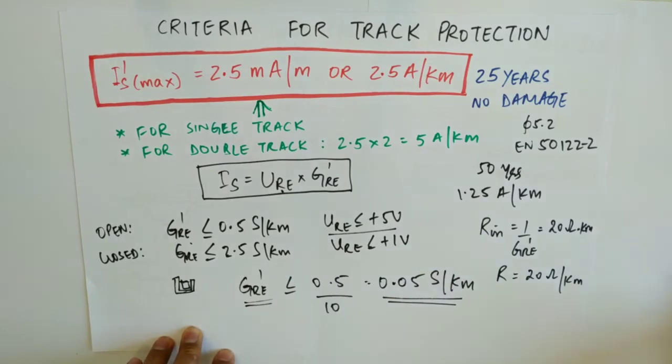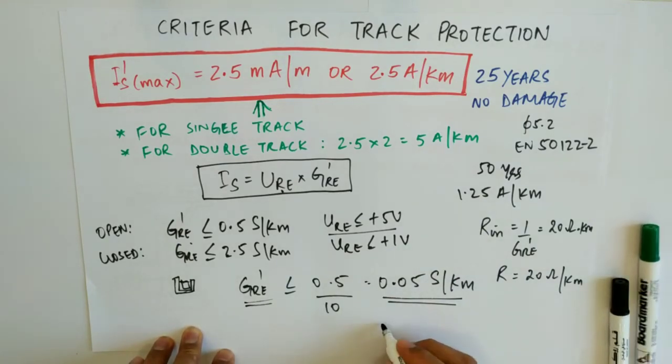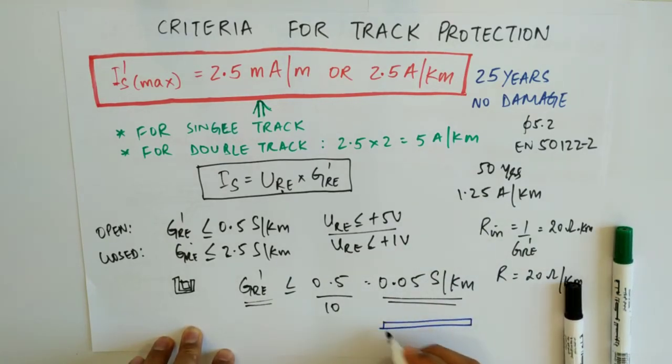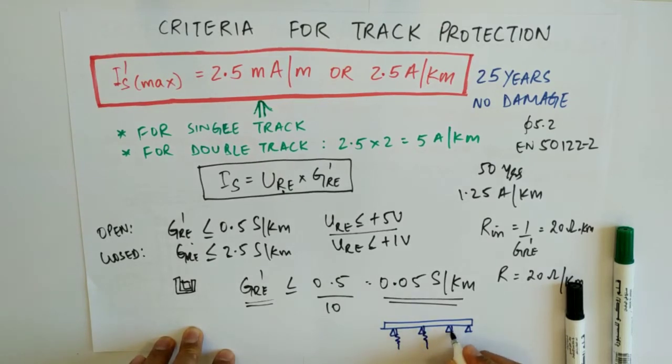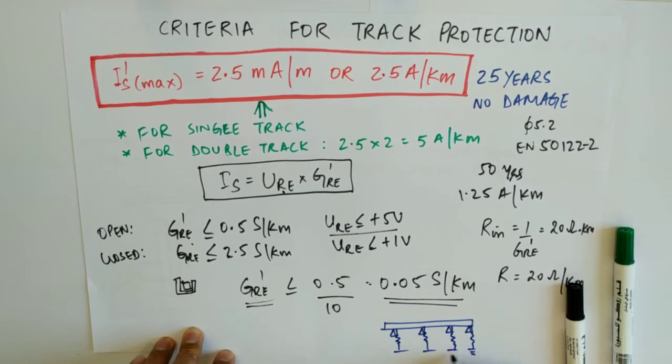Why? This is because suppose this is your running rail and it is insulated. So how is the running rail insulated? It is generally through the insulation paddings. Now this insulation padding is kept at every 600 mm or 750 mm. So that means there will be some resistance at this point, resistance at this point. So all these resistances will come in parallel.